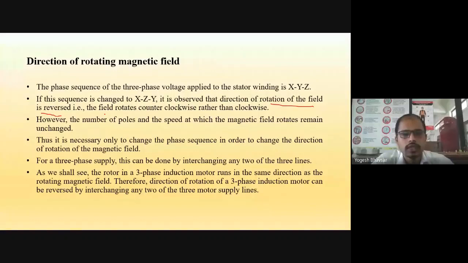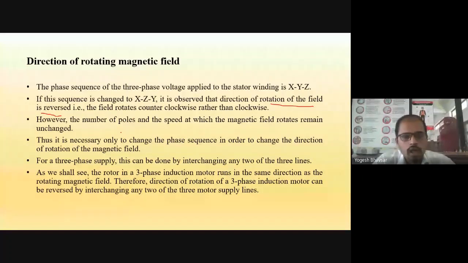Initially, for example, with the XYZ sequence, the magnetic field is rotating clockwise. Then if we interchange any two phases, or we interchange the sequence XYZ, at that time the rotation of the magnetic field is also reversed. And now it will rotate counterclockwise instead of clockwise.